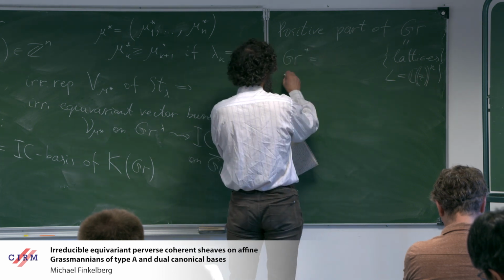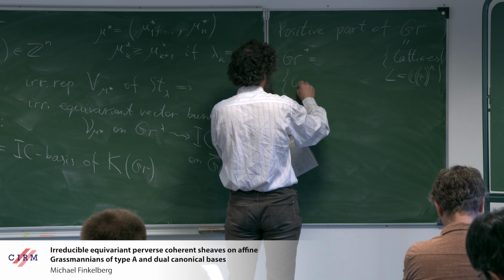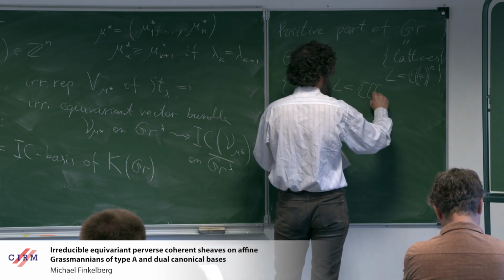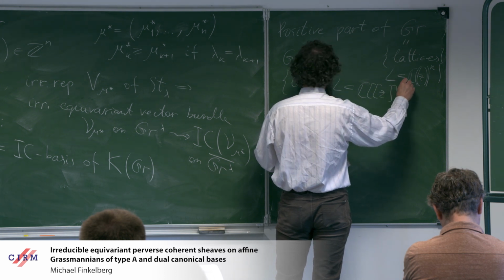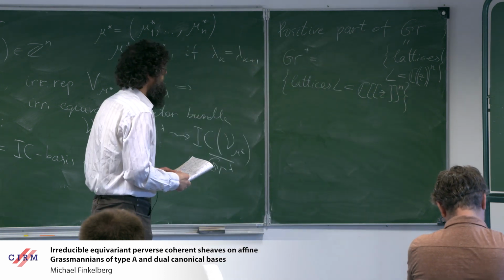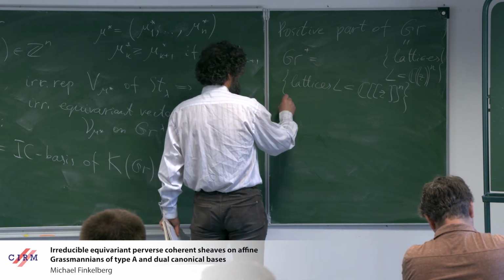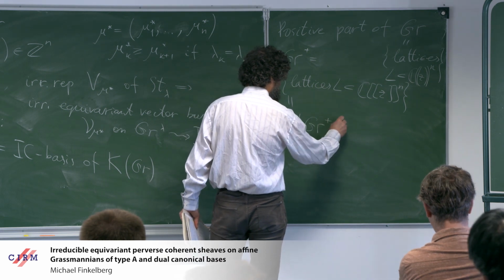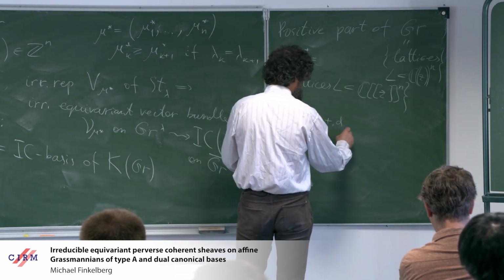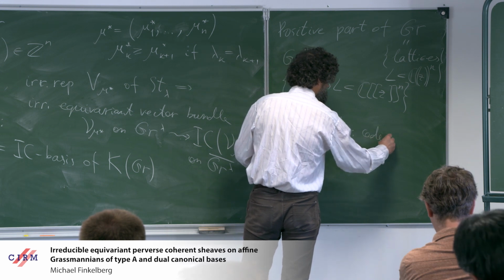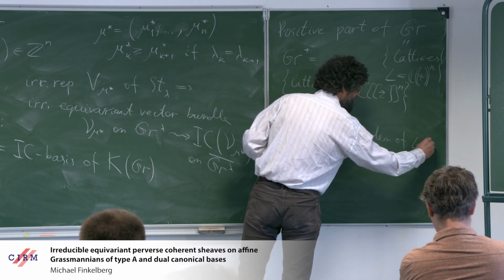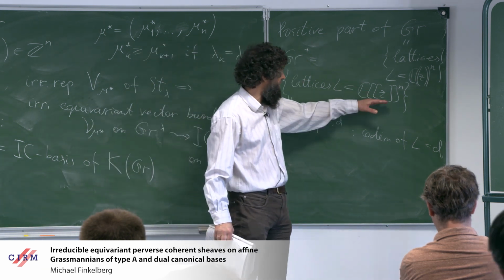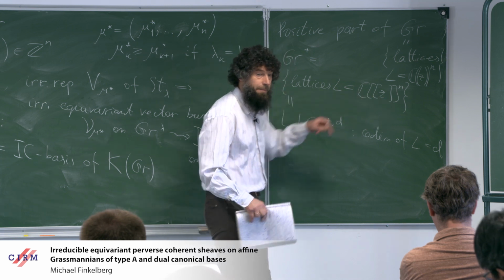The positive Grassmannian is the moduli space of such lattices, and it is the disjoint union of connected components, where the codimension of this lattice is exactly D. For example, the zeroth part consists of just one point, where our lattice coincides with the standard one.